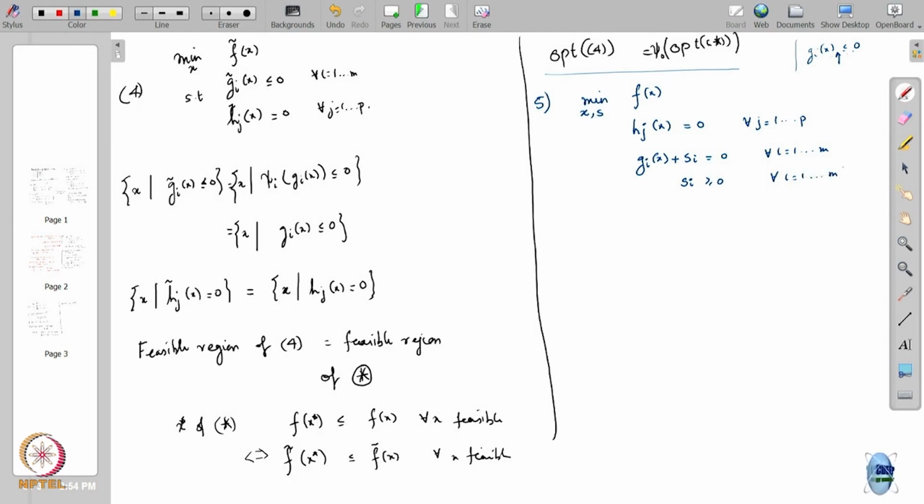So what has happened as a result of this transformation? Earlier I had inequalities on g. Now I have an equality constraint in g, but I have introduced new variables, these s's, and I have an inequality on the s's. So my earlier problem, the starred one, had m inequality constraints, p equality constraints, and of course n variables.